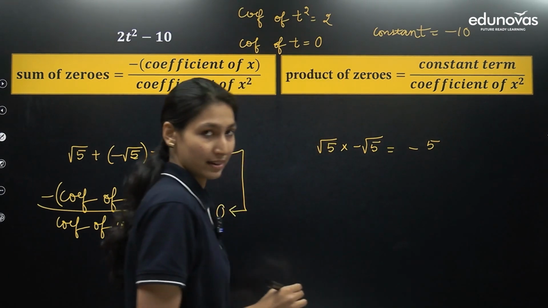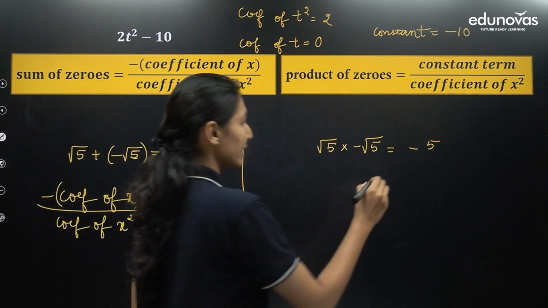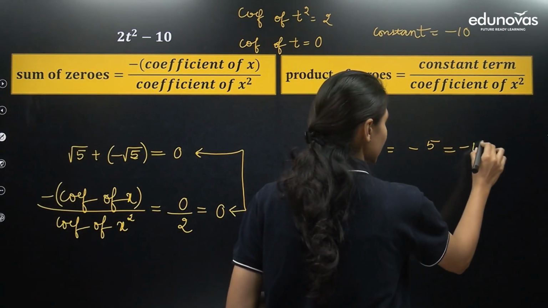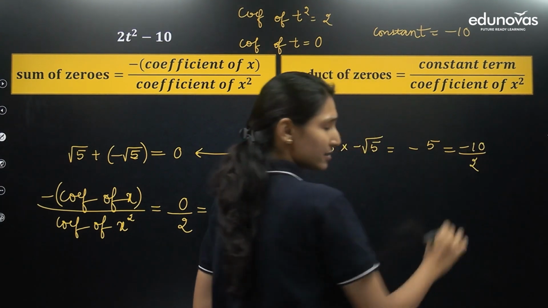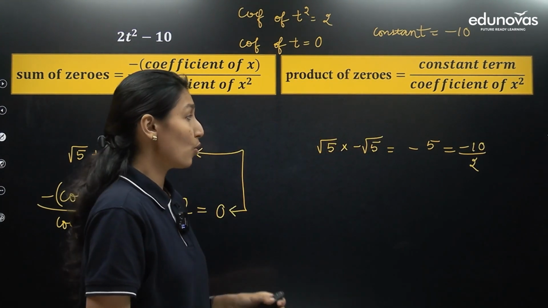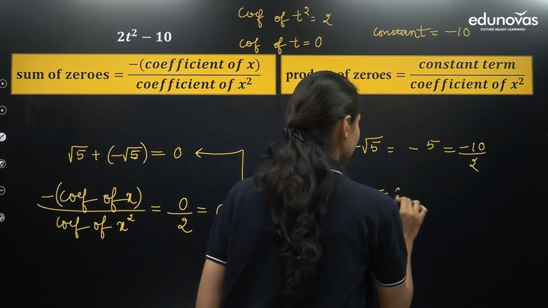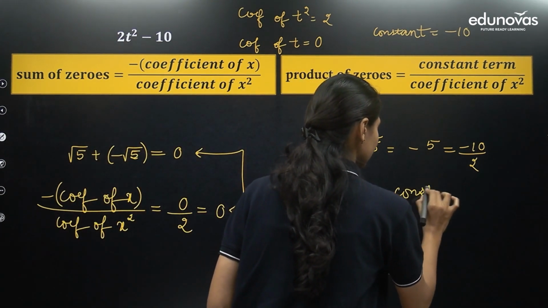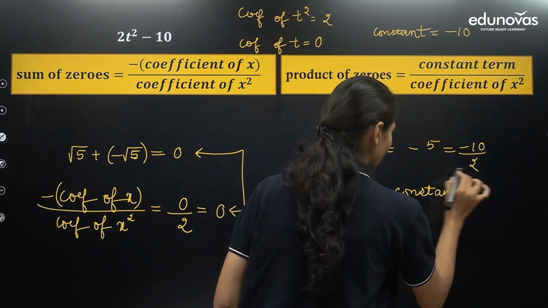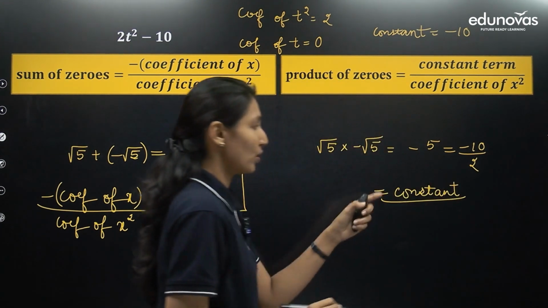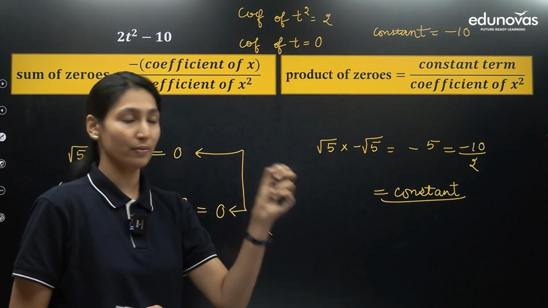So it is minus 5. This minus 5 can be written as minus 10 by 2, isn't it? What is minus 10? It is the constant term. Over, what is 2? It is the coefficient of x square.